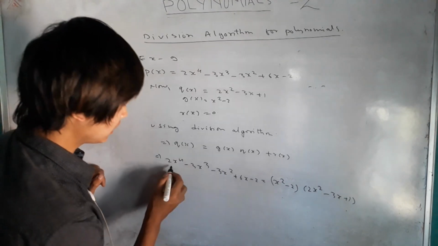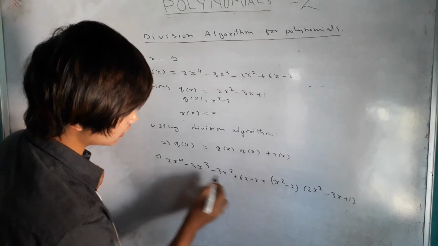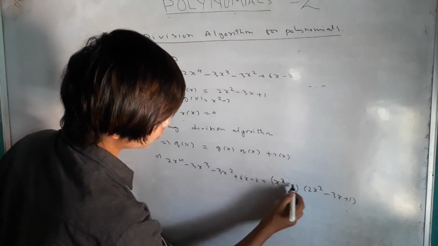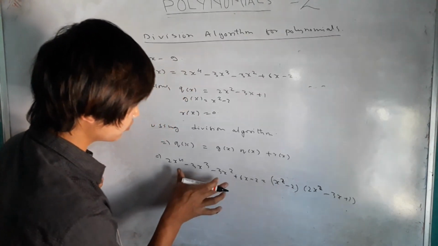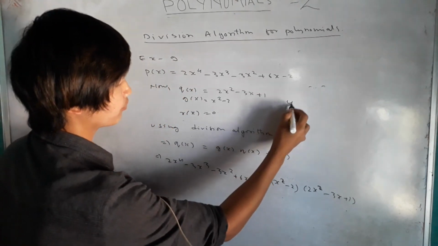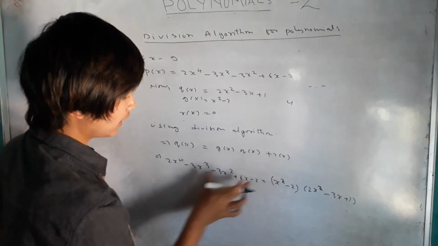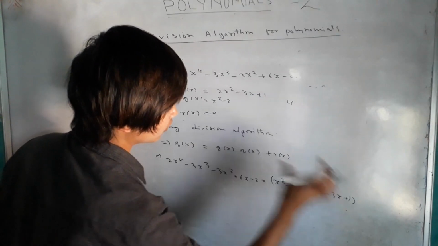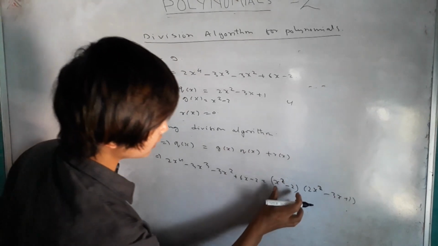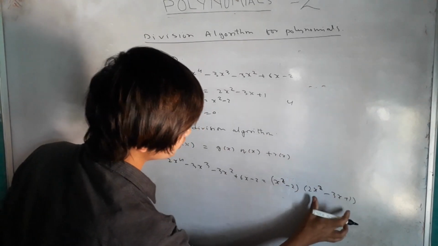See here, the power 4 is split into square terms. Here are two quadratic equations. This is a biquadratic equation. Power 4 is simplified or factorized into different polynomials. This is quadratic and this is also quadratic.